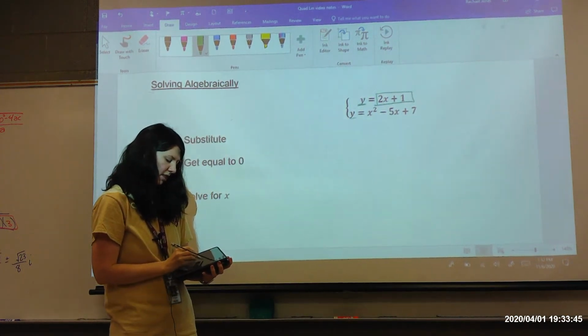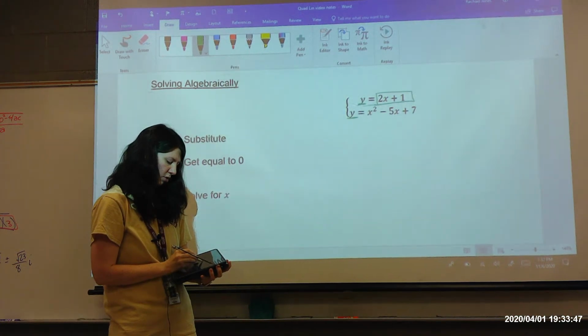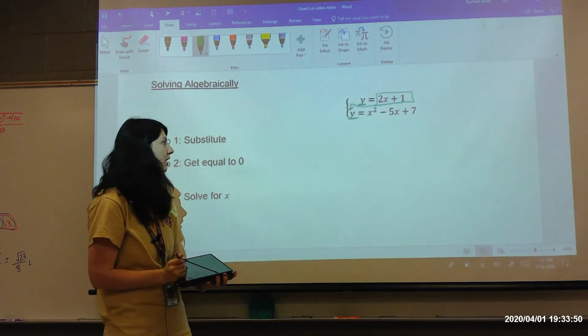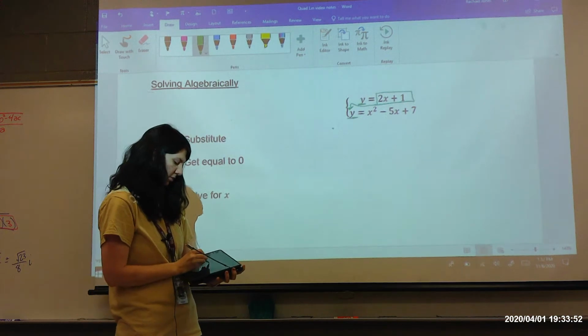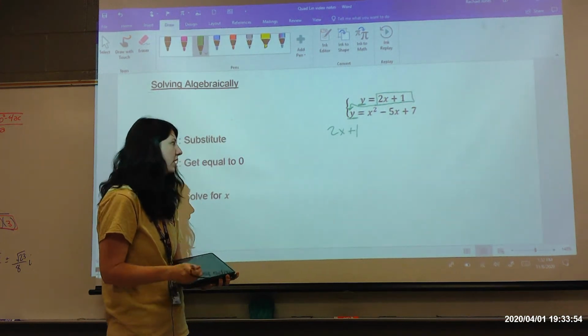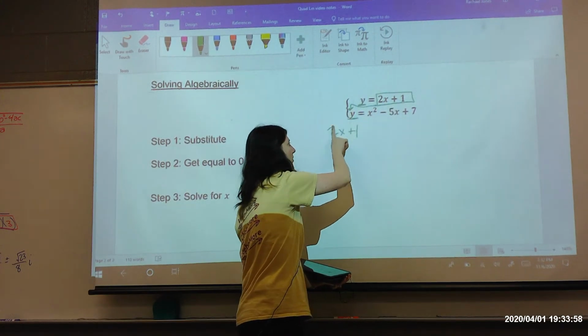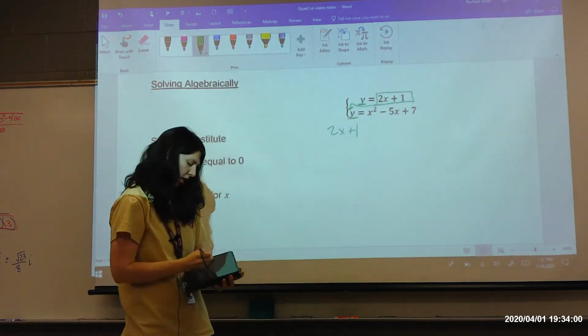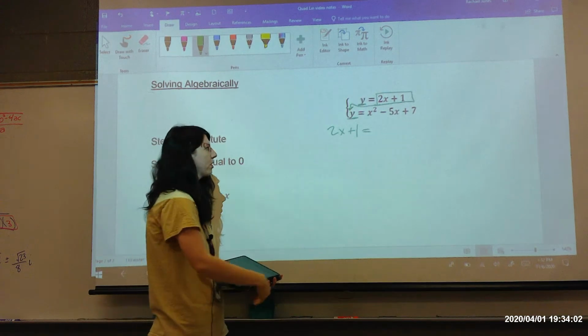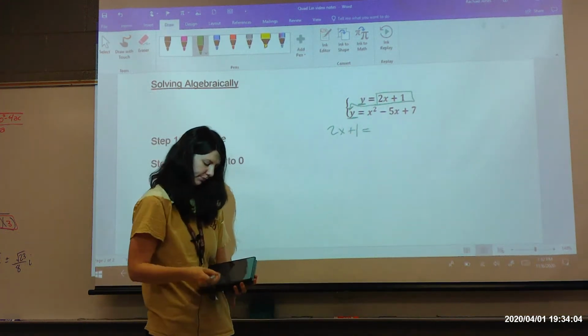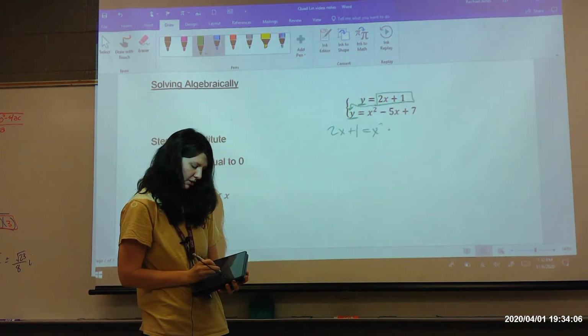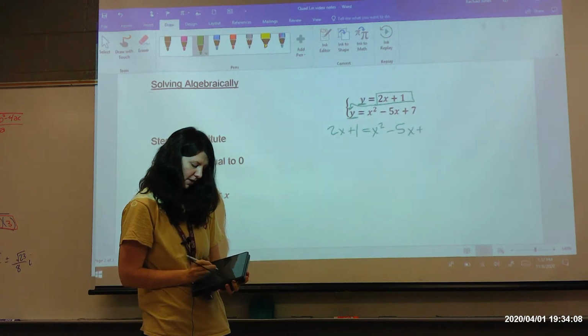So I'm going to take that 2x plus 1 and substitute it in right here, plug it in. So that's going to be 2x plus 1 instead of y. I took what this y equals and put it right here, 2x plus 1. Equals, and then I'm going to write the rest of my equation: x squared minus 5x plus 7.